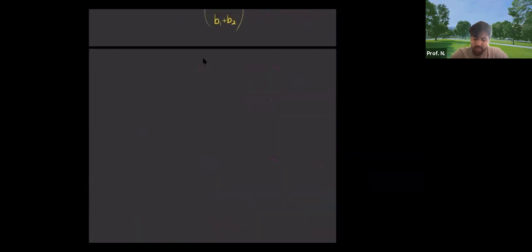So I want to do one more example like this that has a unique solution. We're going to have a coefficient matrix that is invertible, so when I do row reduced echelon form, I get the identity. So I'm going to have something like this: x1 plus 2x2 plus 3x3, equal to B1.